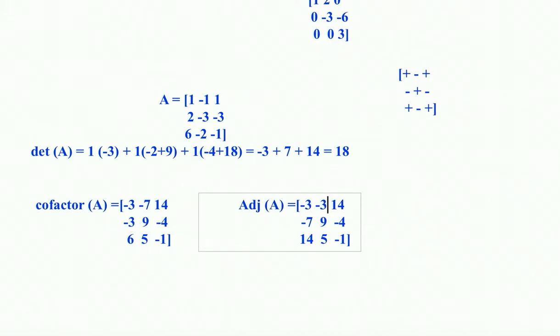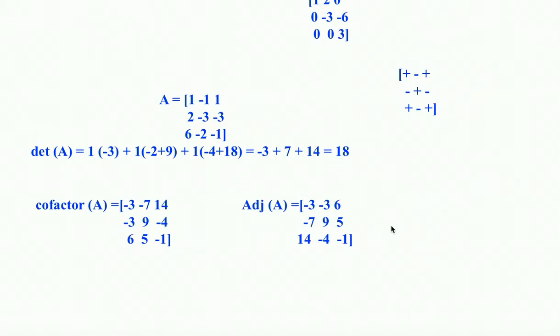That is 9 only. Minus 4. What about third column? Starts with 6, then 5 is the next element. Last element won't change, right? Diagonal elements won't change in the transpose. Fair enough, this is the adjoint.